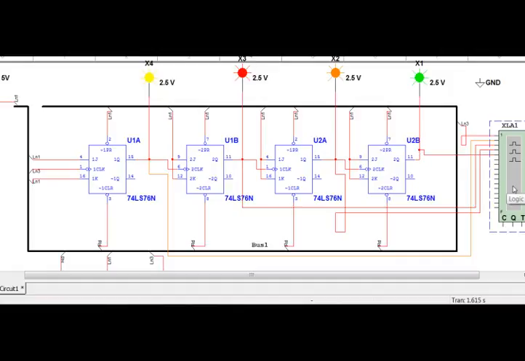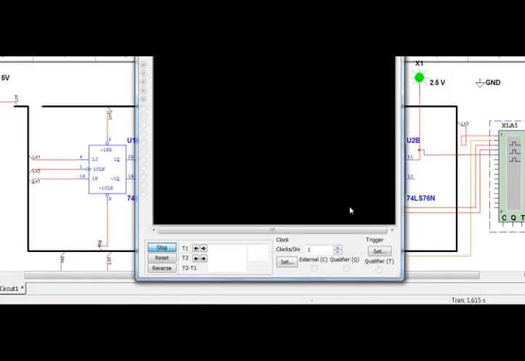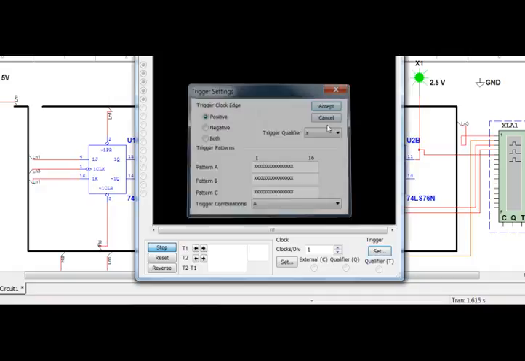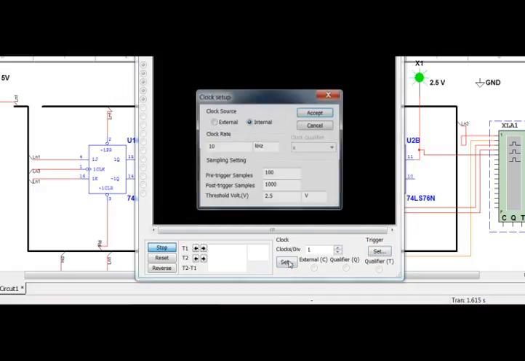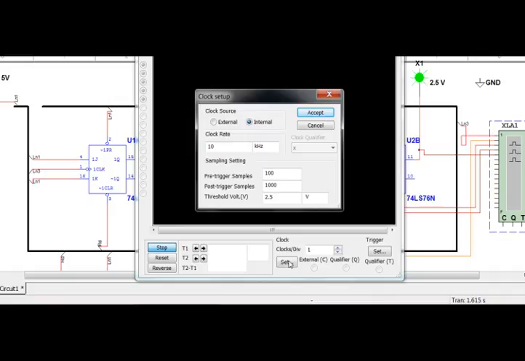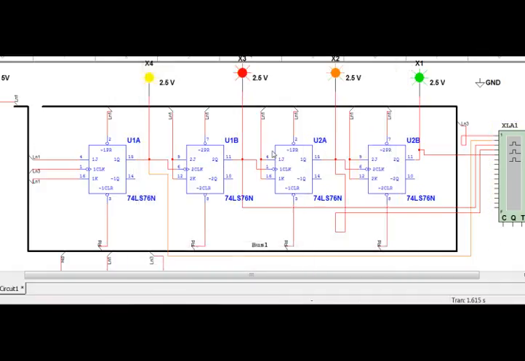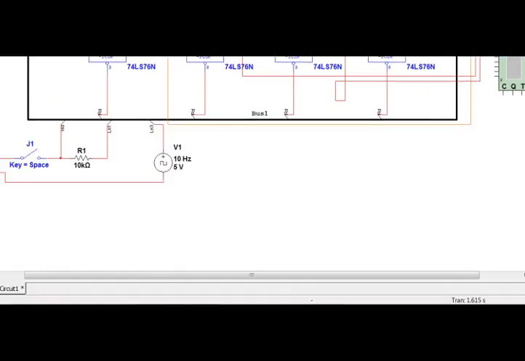Okay, so that's good. All right, now if I look at this guy, I see that that doesn't do me any good. I see that the setting of the internal clock is set for 10 kilohertz, and my clock is only going at 10 hertz. So if we accept this at 10 kilohertz, then we should reset the clock to a reasonable speed, like 1K.